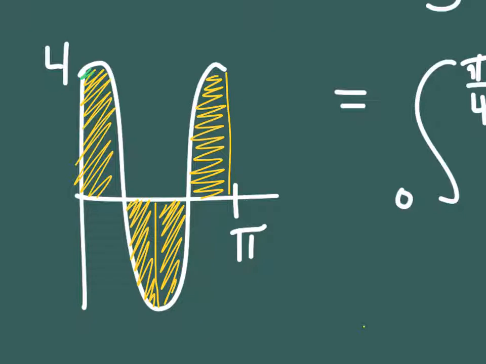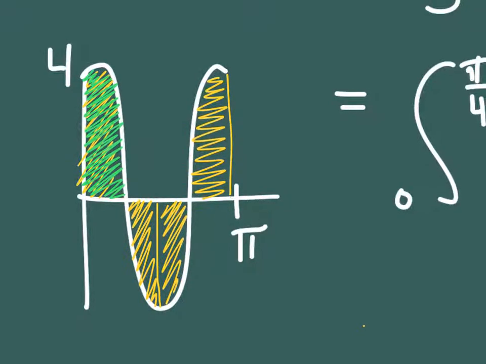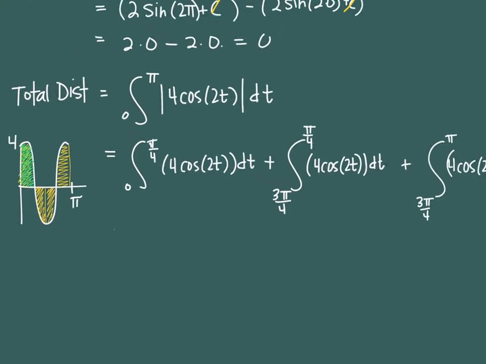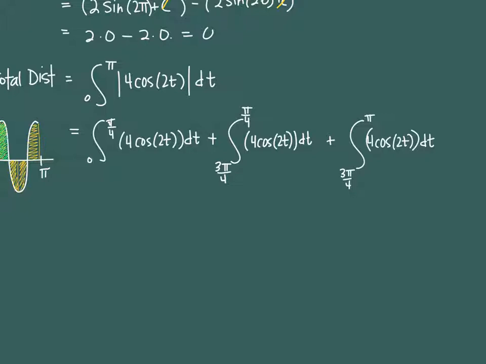I can do this one and find this one, and then do what to it? Sure, there are 4 shapes of that. So if you take the time to think a little bit about symmetry, you can save yourself a lot of extra work. Rather than having 3 separate ones, I can set this up as 4 times the single integral from 0 to pi fourths of 4 cos 2t dt.